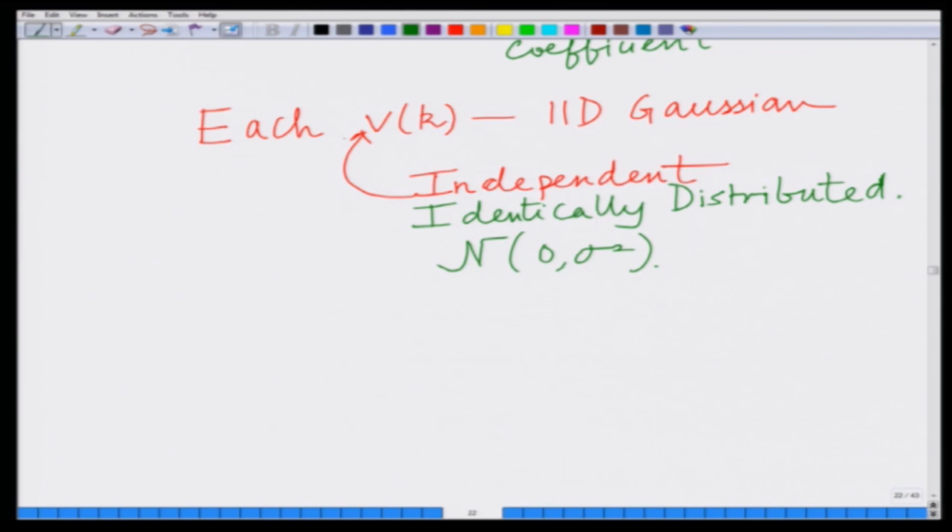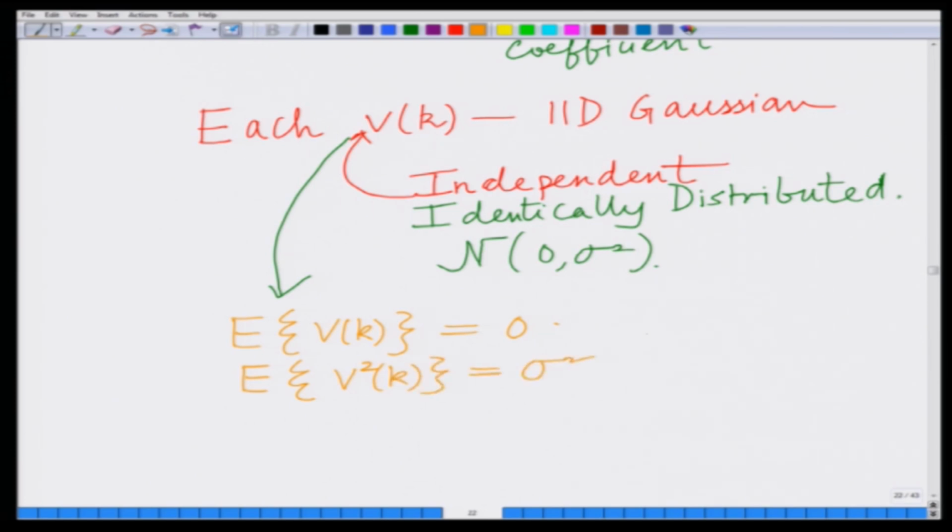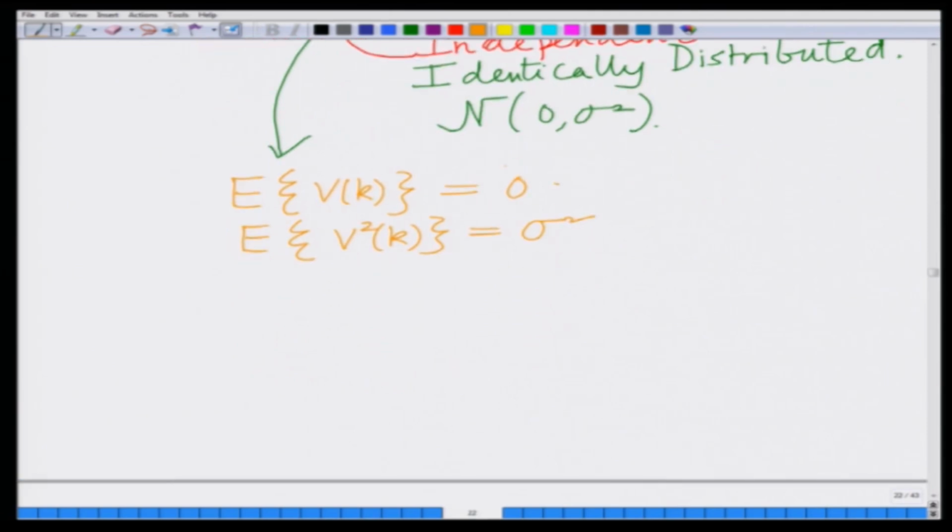To summarize, the expected value of each Vk equals 0, and the expected value of V square k equals sigma square.